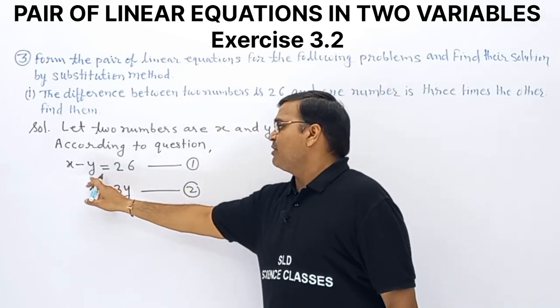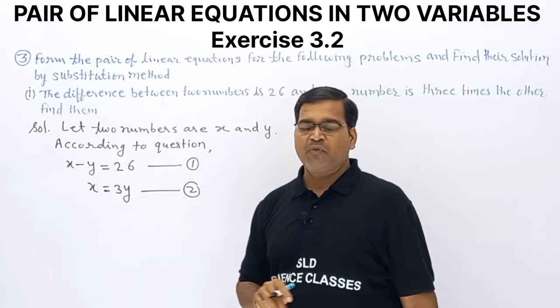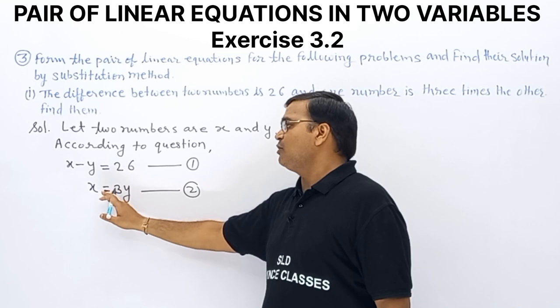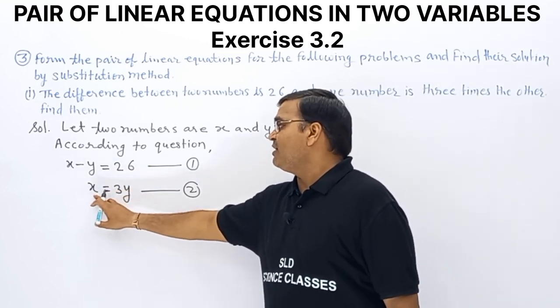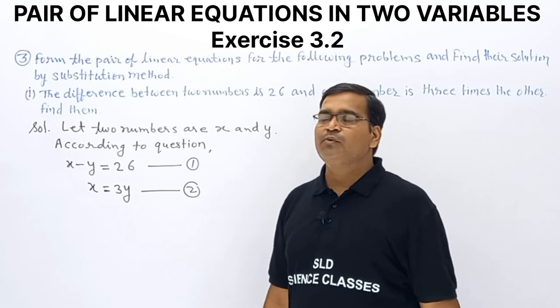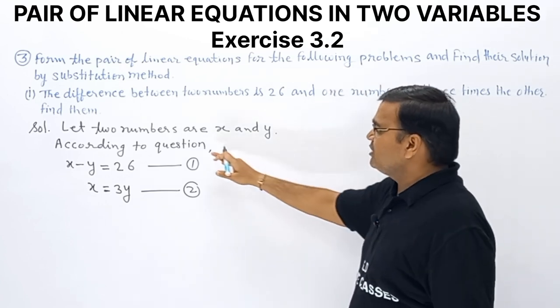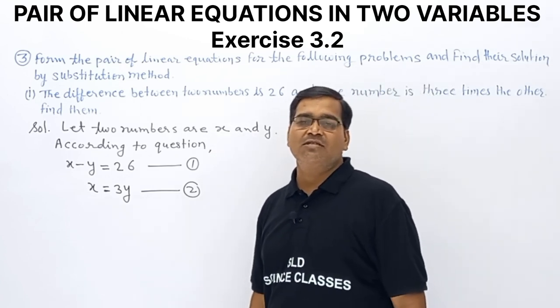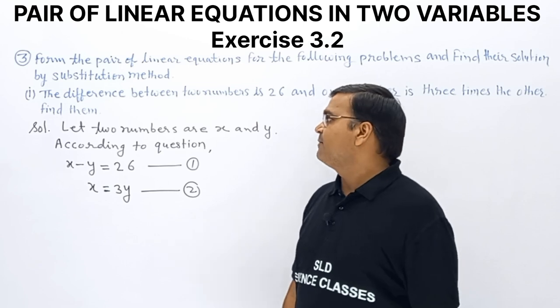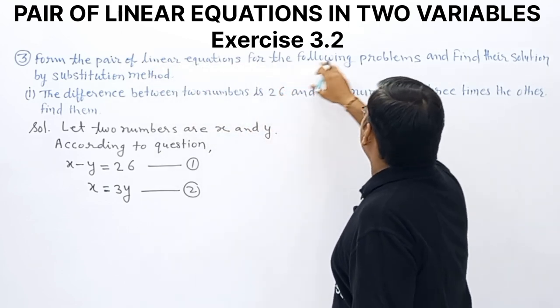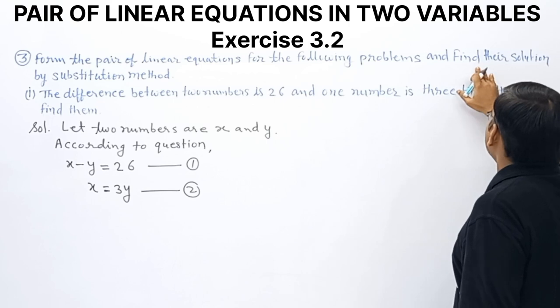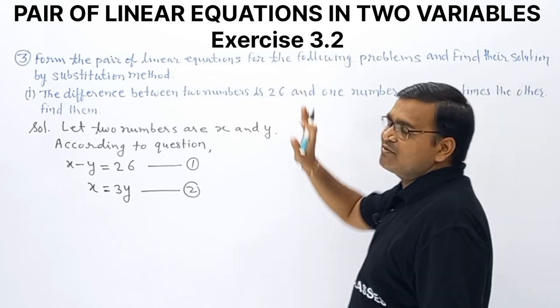I assumed x as one number, and it is 3 times y. So these are the pair of linear equations in two variables. Clear?